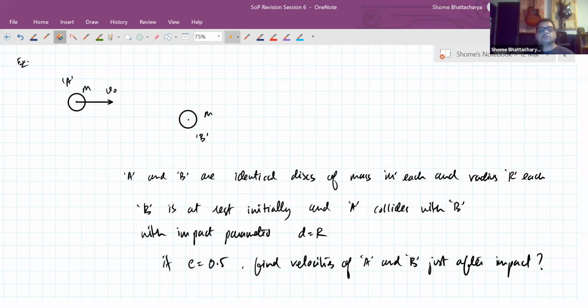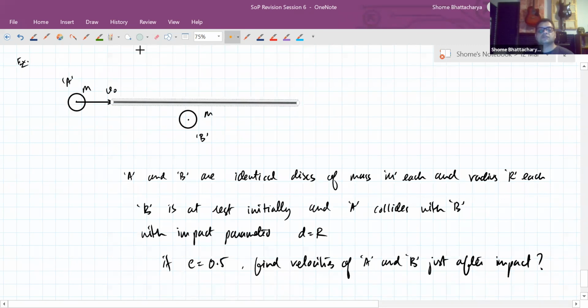So the impact parameter here means this particular term: if we see the line of action of the velocity vector being this one here, then that line of action of the velocity vector of A is at a perpendicular distance with respect to the center of B. This perpendicular distance here is called the impact parameter.